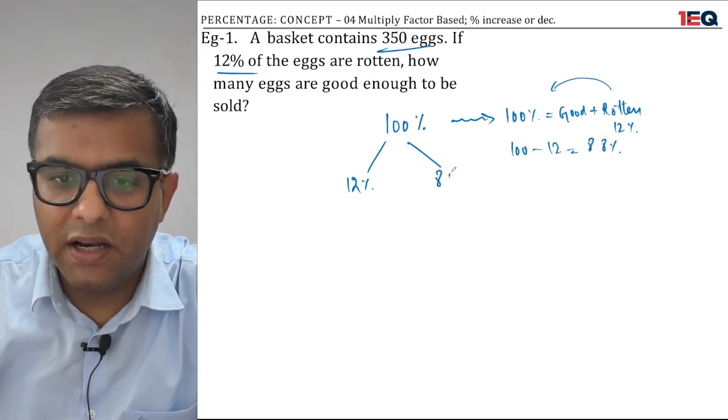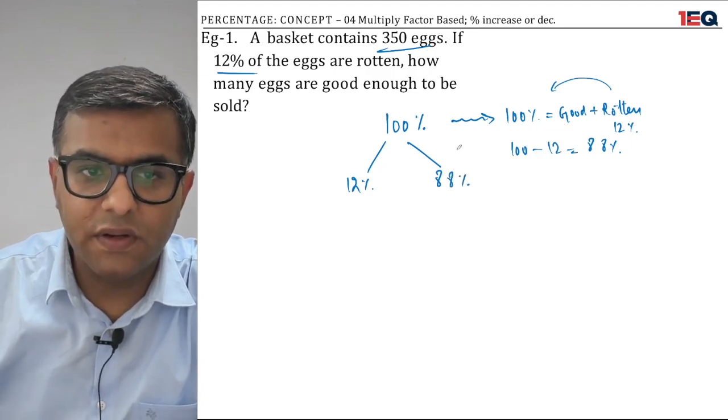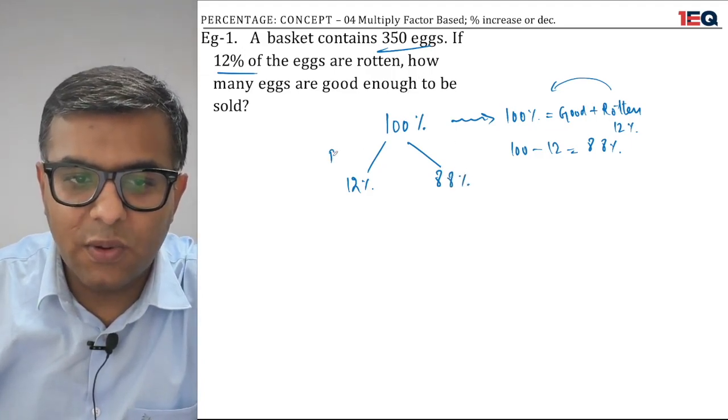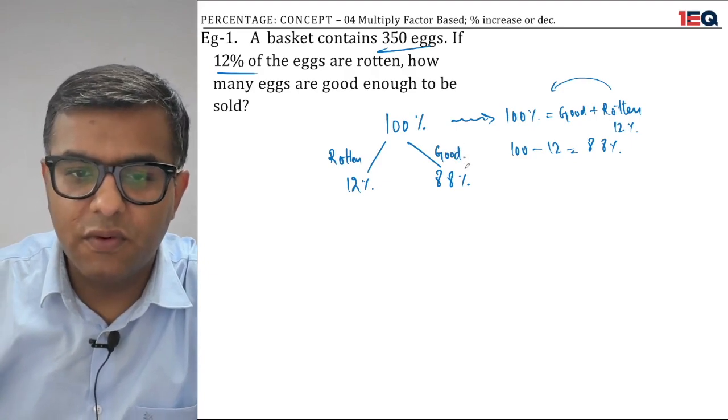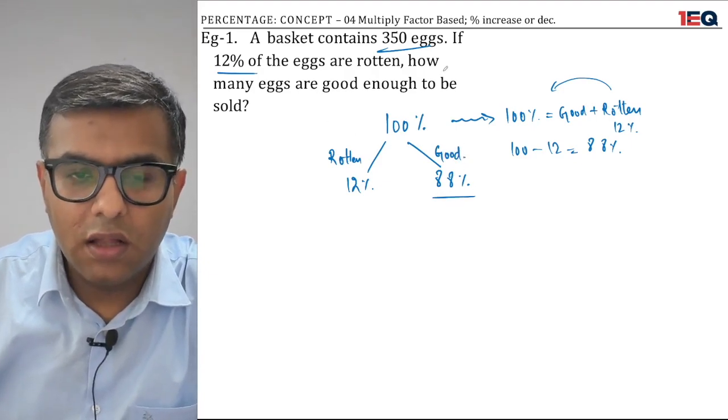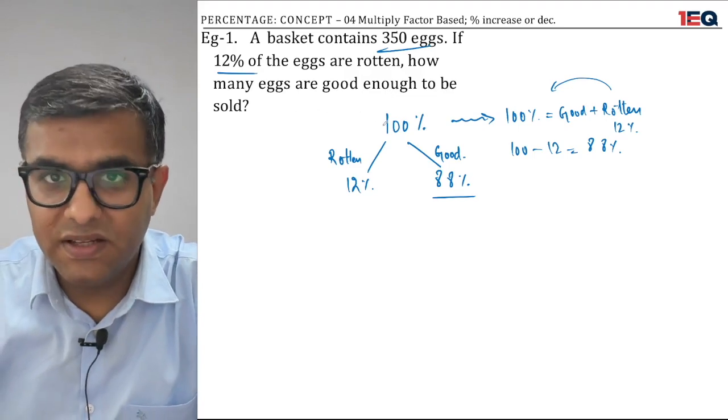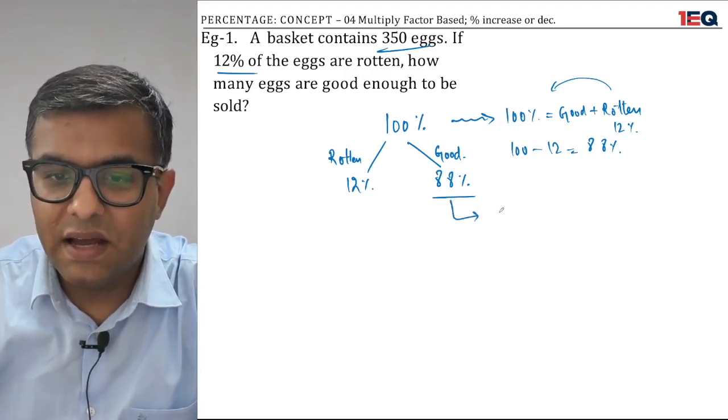So I'm going to write 88% over here, and this 12% is the percentage of rotten eggs, and 88% is the percentage of good eggs. The question says how many eggs are good enough to be sold. The good eggs are 88%.